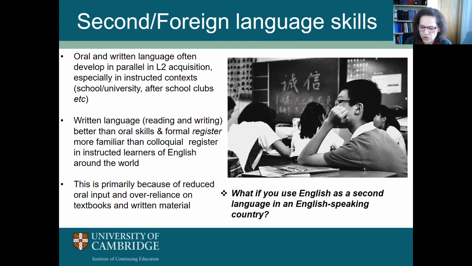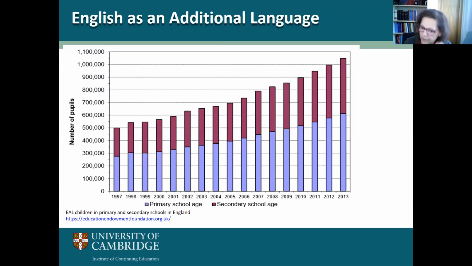So before I turn to some cases where English is used in instructed contexts and look at diversity of learners, let me just ask first the question of what if you use English as a second language in an English-speaking country, for example, the UK?